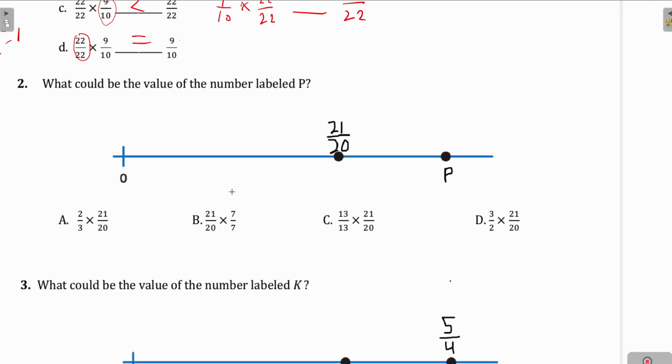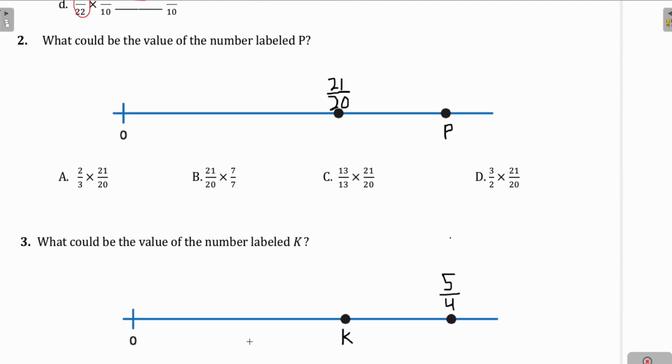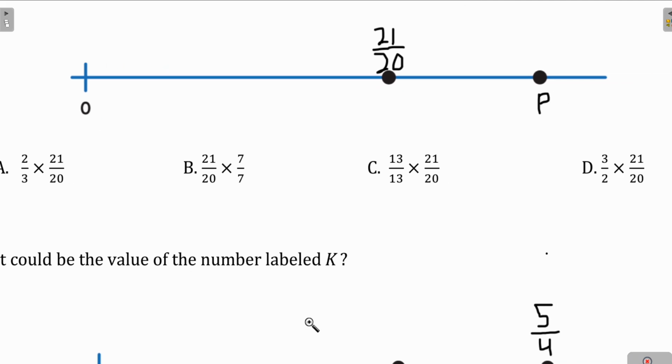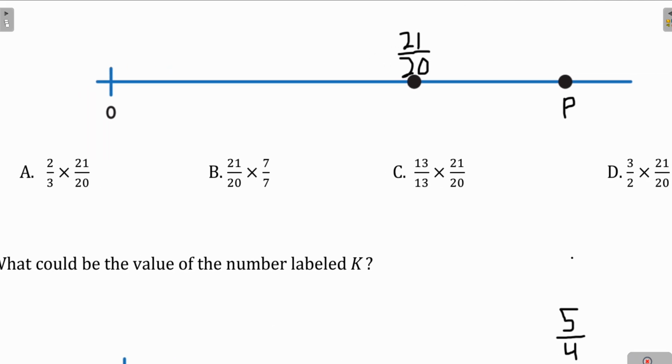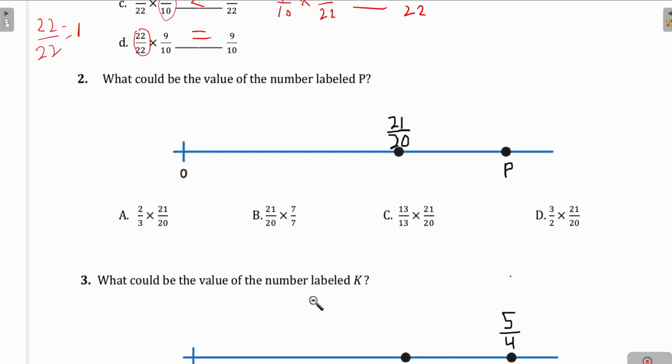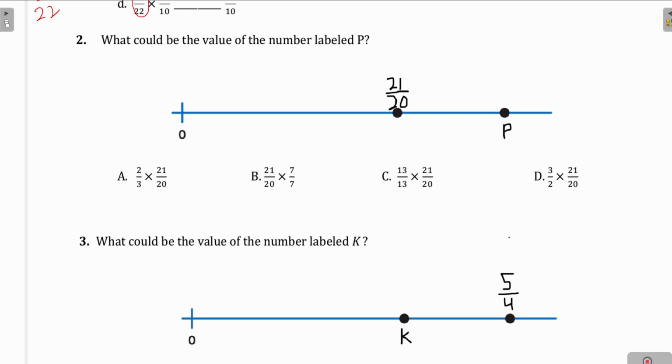Okay, we have this problem here. What could be the value of the number labeled P? So here we have the number labeled P, and here is the fraction in question.